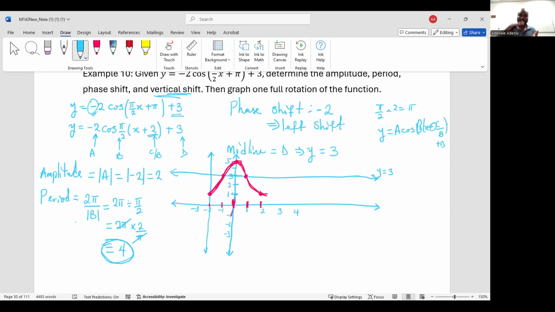You know that it will start from the highest or the least for cosine in this case. Starting from the highest, then to 0, then to the least, then back to 0, and then the highest. That's the same thing we have done here.